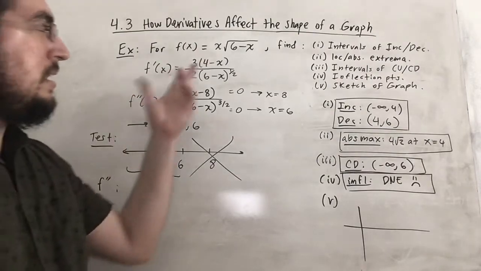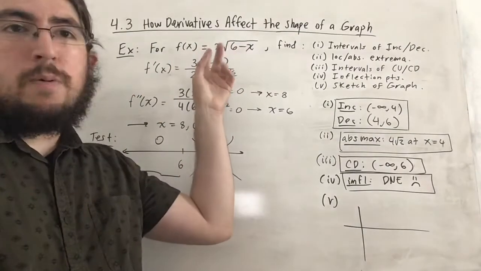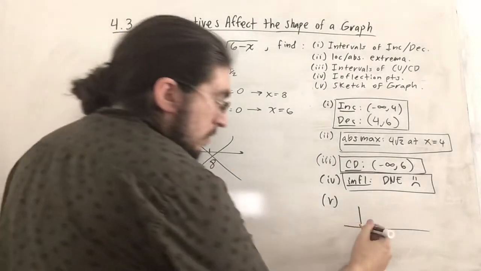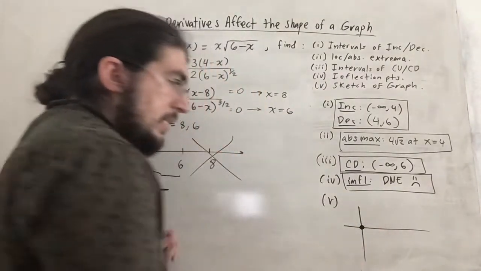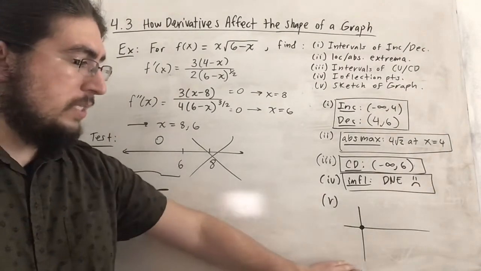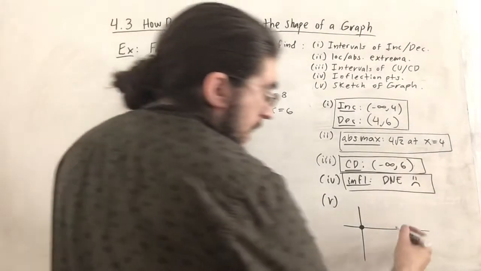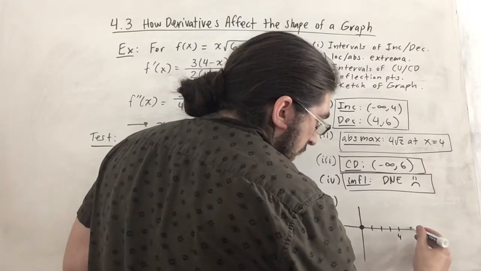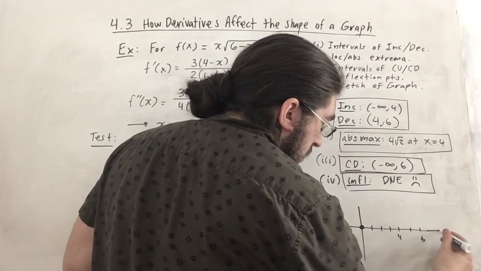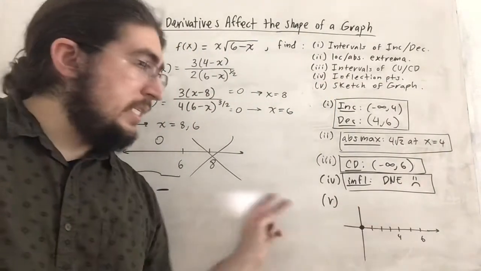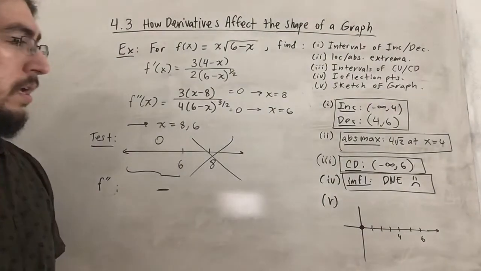I mean, what's nice is that when you plug in 0, you get 0 anyways, because it's 0 times radical 6, which is 0. So just because it's a nice point, the x and y intercept, actually, I'm going to plot that point 0, 0. And then we have, let's see, 1, 2, 3, 4, and 5, and 6. So at 6 is where the function ends because the domain of the function is negative infinity to 6 only.